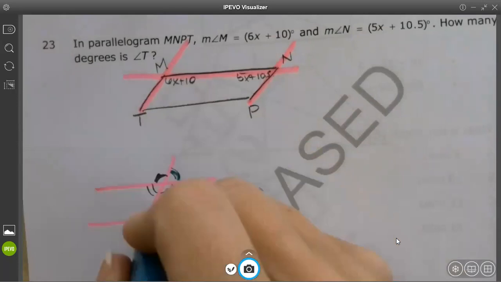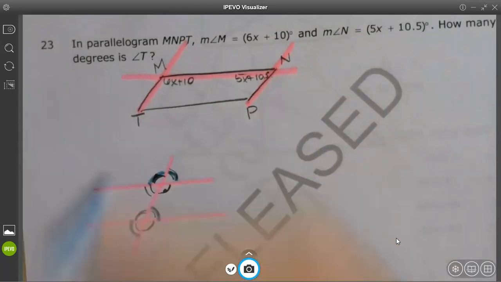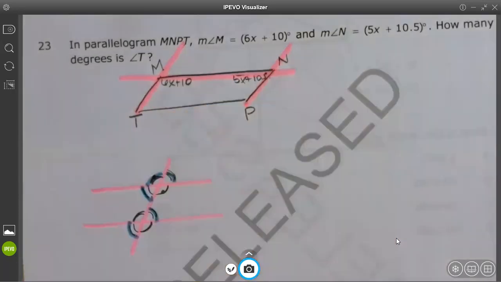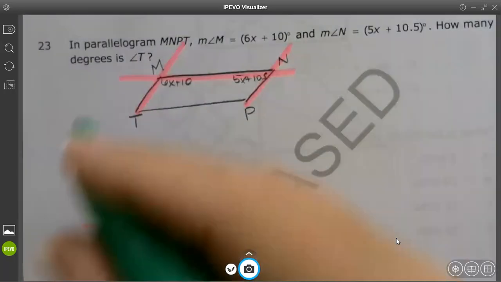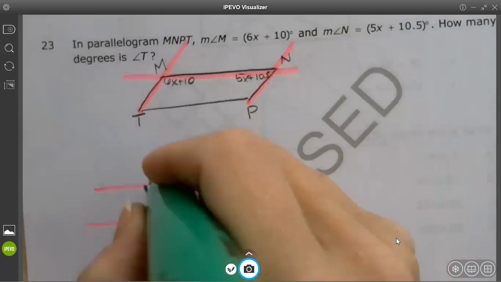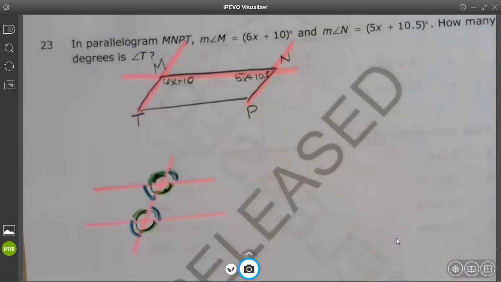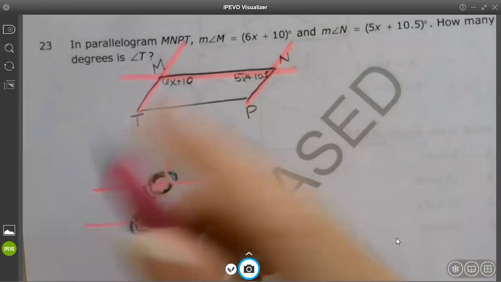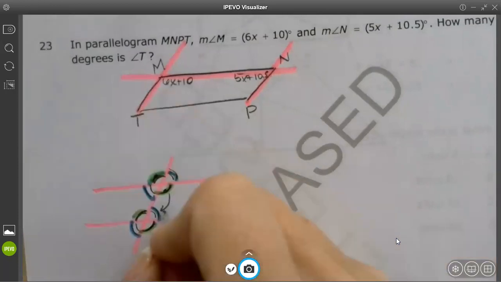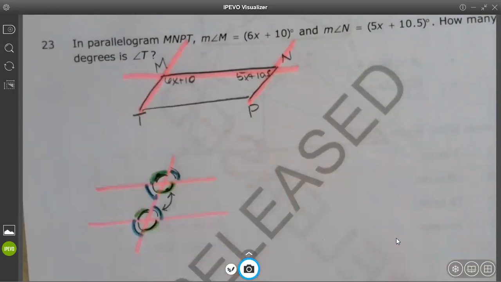All of the blue ones, I didn't do that right. All of the blue ones are the same. All of the green ones will be the same. But we're not talking about either of those with diagonals. We're talking about these two. Are they equal? No, because they're different colors, right?